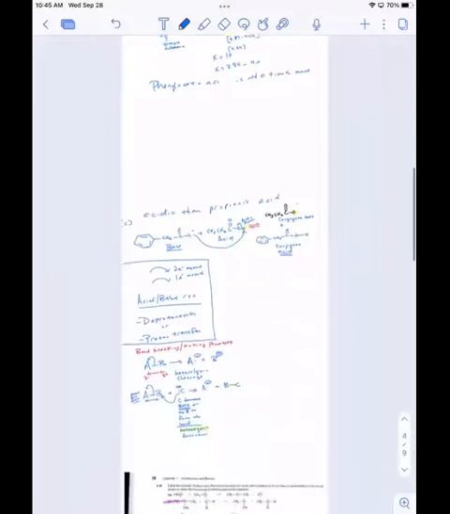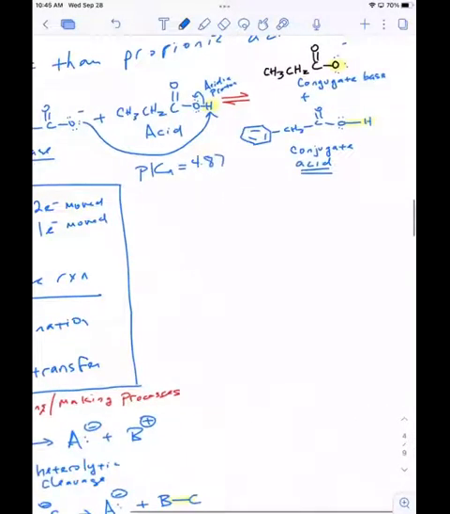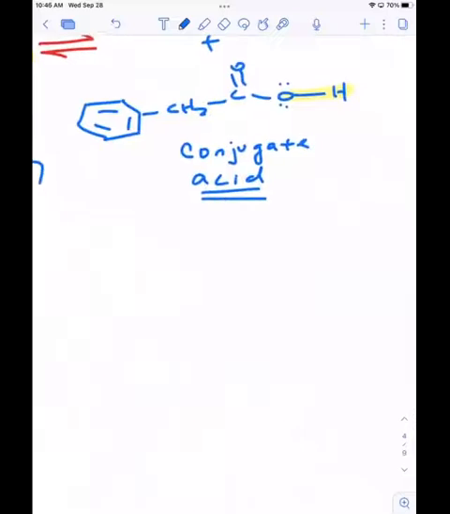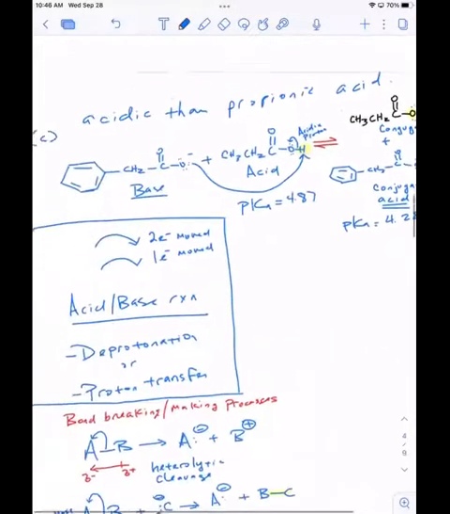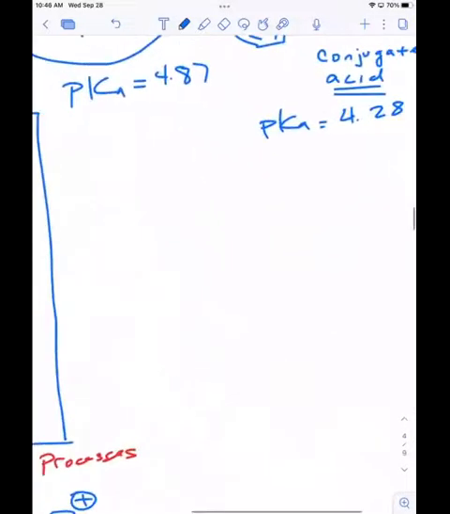Okay, yeah, that's it. So we're going to put that in. So this acid has a pKa of 4.87. It's a unitless number. There are no units. And then phenylacetic acid had a pKa of 4.28. All right. Is that right? So now I can predict the equilibrium. I can predict which side is going to be favored based on those two numbers.